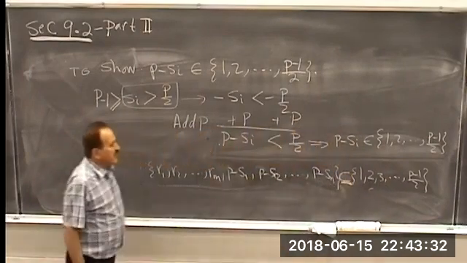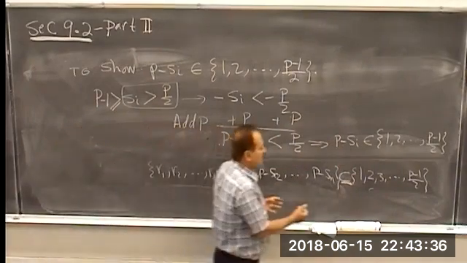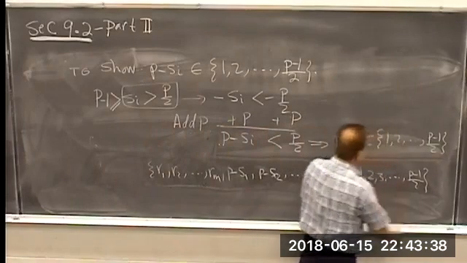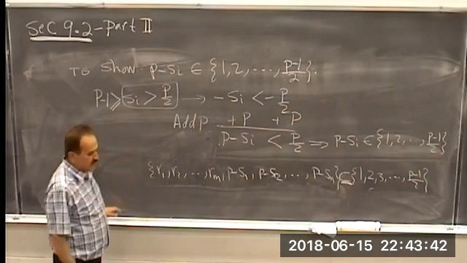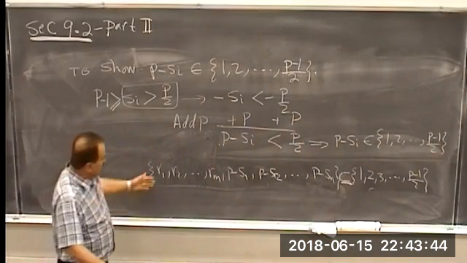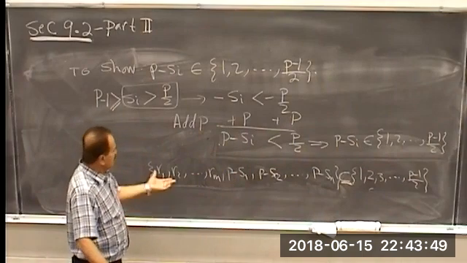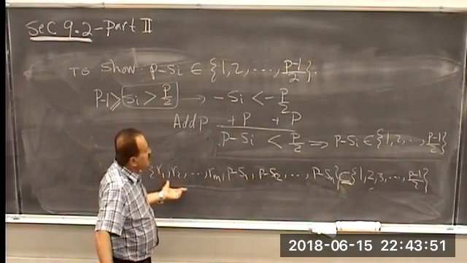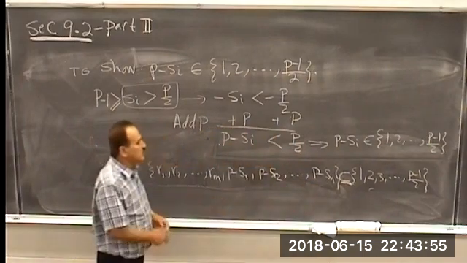Next, I want to show that the number of elements in here is the same as the number of elements in there. This is a step we don't have to check in the case of the example, because what we got in there are distinct elements. It means the r sub i's are all different, and the p minus s sub i's are all different. Now, in general we have to show this.